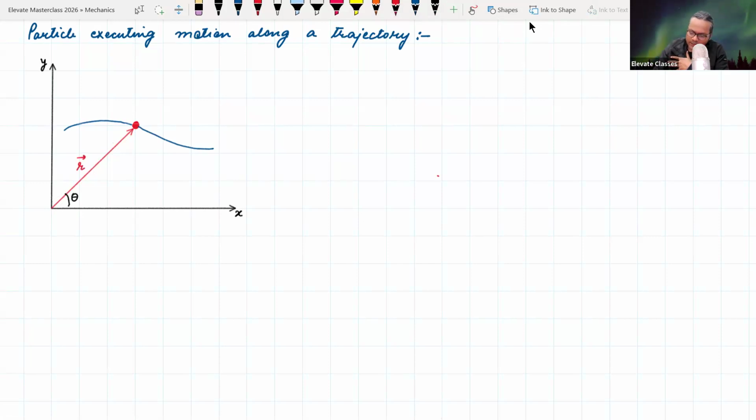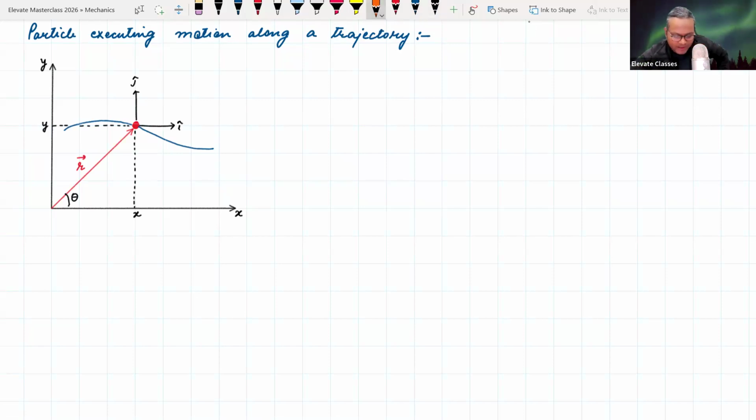So if we look at it, the particle's position is given by xy in the xy coordinate system that has the unit vectors of, this is the i cap direction, this is the j cap direction.